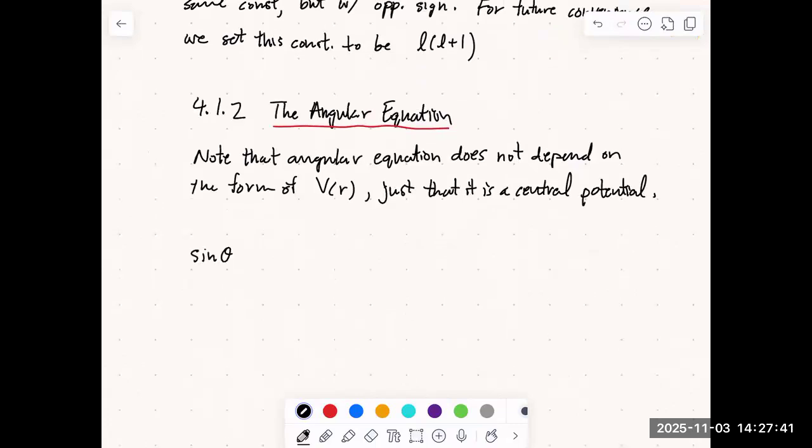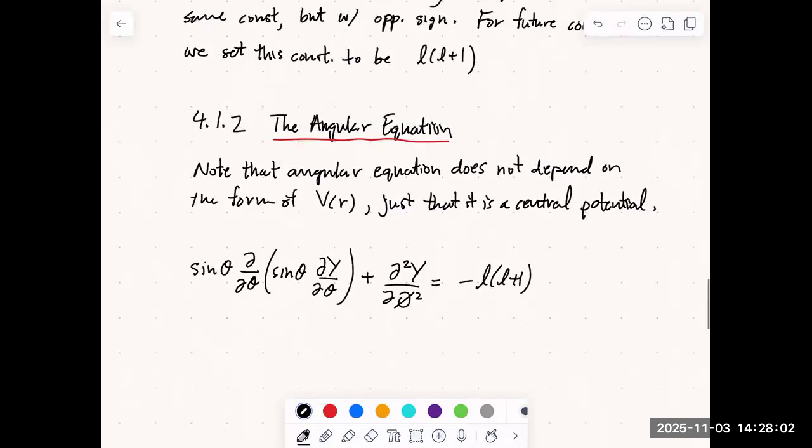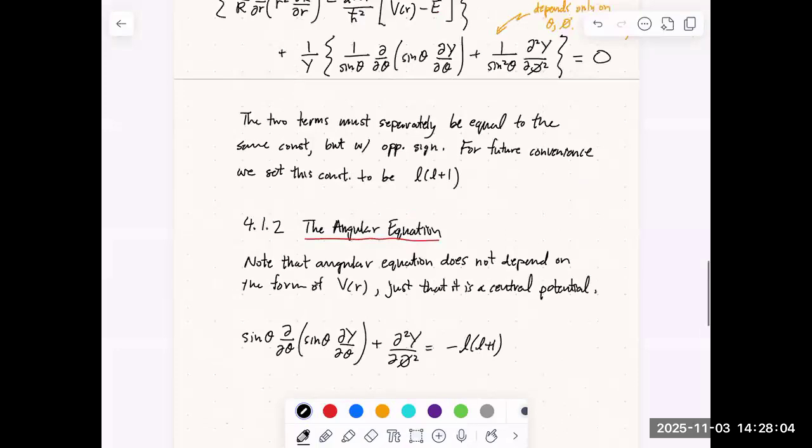All right, so we'll write down this angular equation again. Sine theta d by d theta of sine theta dY d theta, plus d2Y d phi 2, is equal to, so we said this was going to be minus L times L plus 1. What I'm going to do is multiply by Y and sine squared theta.